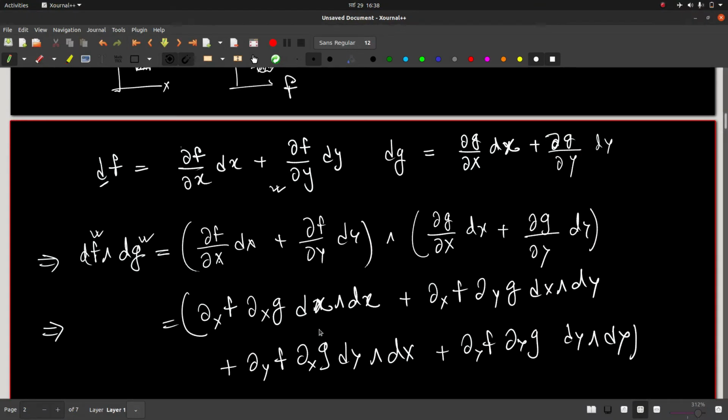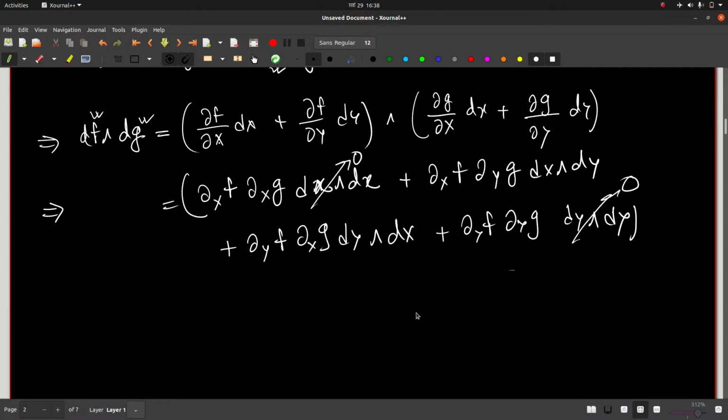You can already understand that the dx wedge dx term will be 0 and the dy wedge dy term will be 0, so both of these terms will go away. And now we can use the anti-symmetry property of the wedge product to our advantage to make things a little bit simpler. So let's do that.